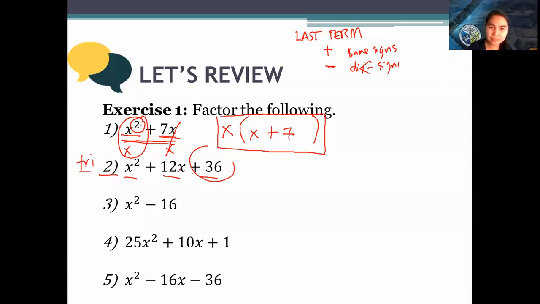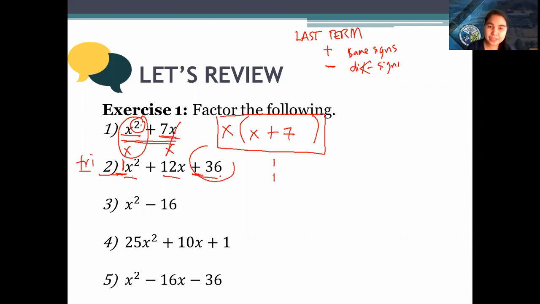Now, how do we do it? You look at the last term. It's positive, right? So they have the same signs. You look at the first term. What's the numerical coefficient? It's 1. So here, let's do the trial and error method. What are the factors of 1? We say 1 times 1, right? 1 times 1 equals 1.